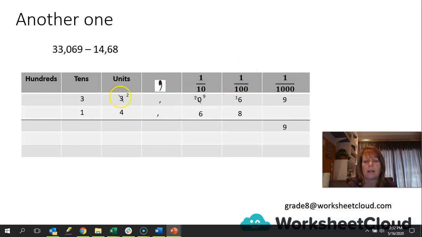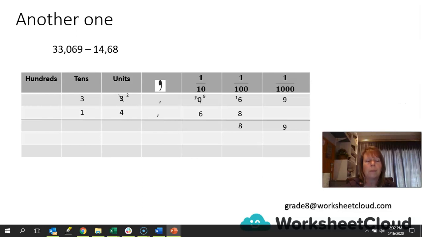Okay, everybody understand that? So what we've done is we've borrowed a whole. But we have borrowed a whole through our tenths, and 10 tenths is 1 whole as well. We've borrowed from there, and that would give us 9 tenths left, and that is the other tenth that we've borrowed. Okay, everybody happy? So now 16 minus 8 will give us 8.